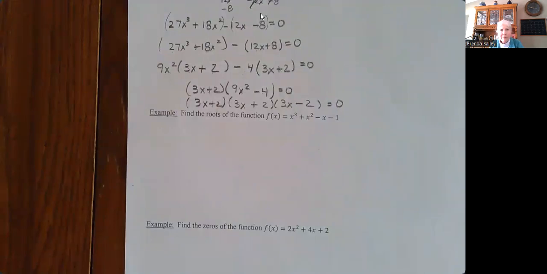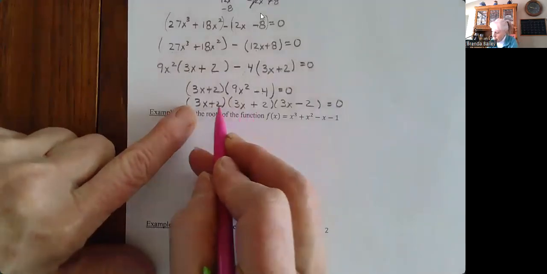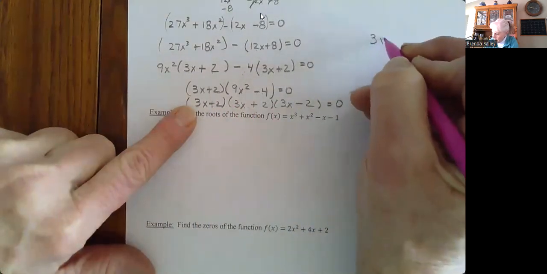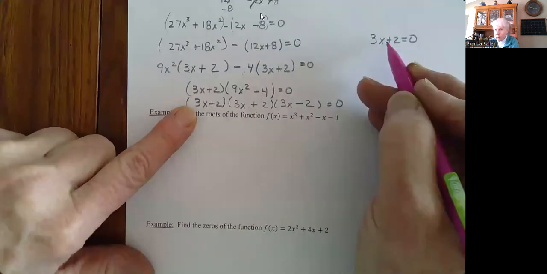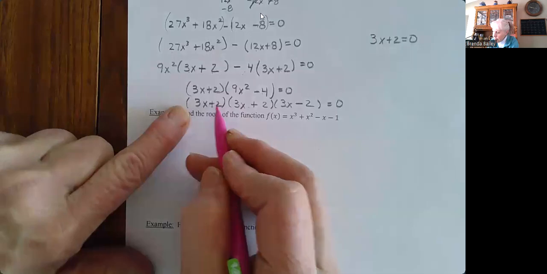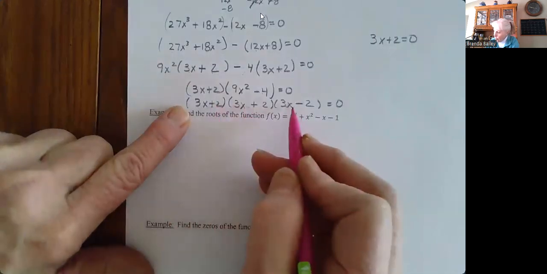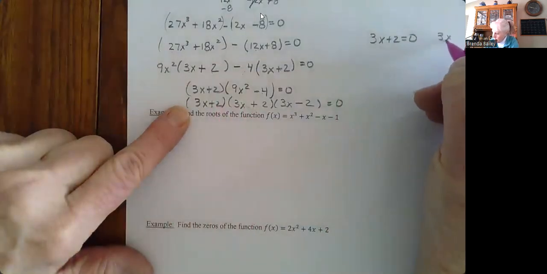Okay, so now what are my solutions? Well, these match right here. These match. So I only have to do one of those, as far as setting it equal to 0 and finding out when would these be 0 and when would that one be 0.